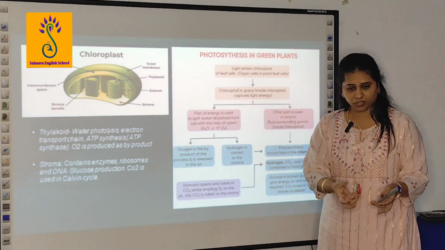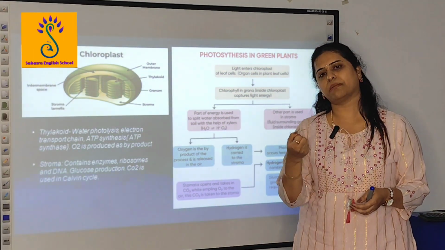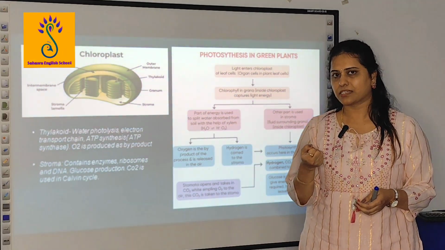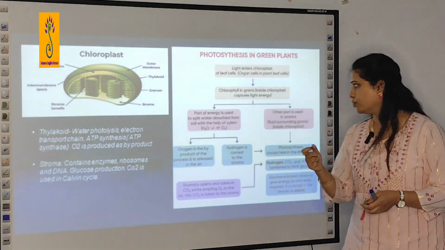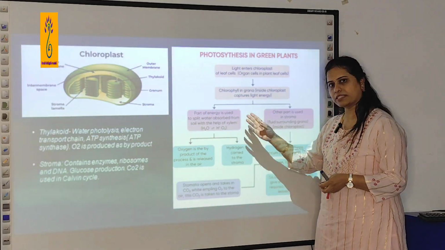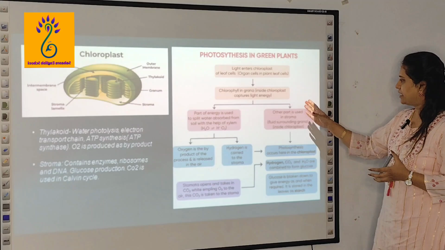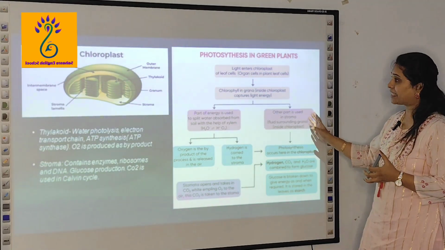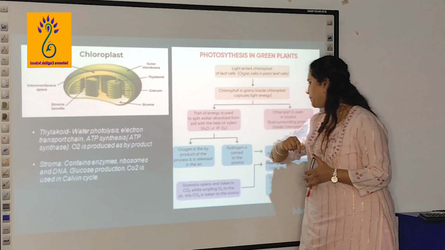How do these green plants get water? Yes, through the xylem. So that is split into hydrogen ions and oxygen. The other part of the energy that is used is sent to the stroma.